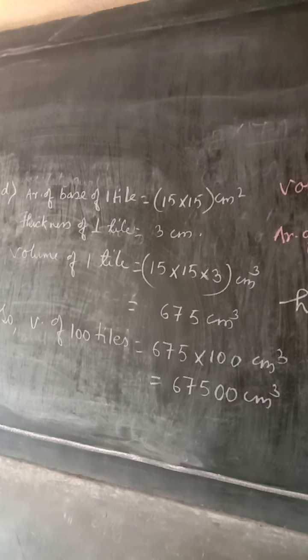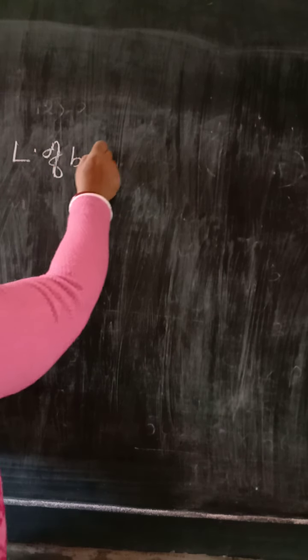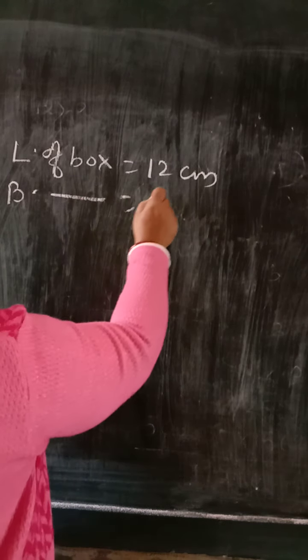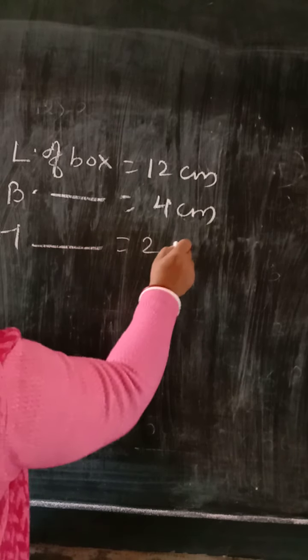In the last one, length, breadth and height are given and you have to find the volume. Question number 3E. Length of box is 12 centimeter, breadth of box is 4 centimeter and height of box, meaning thickness of box, is 2 centimeter.